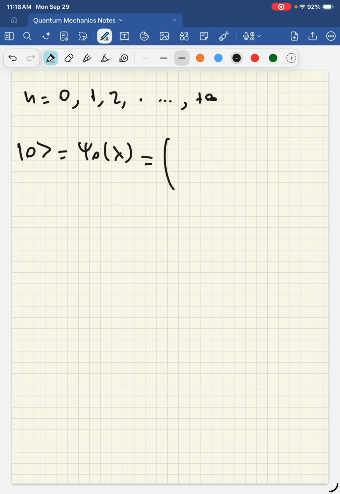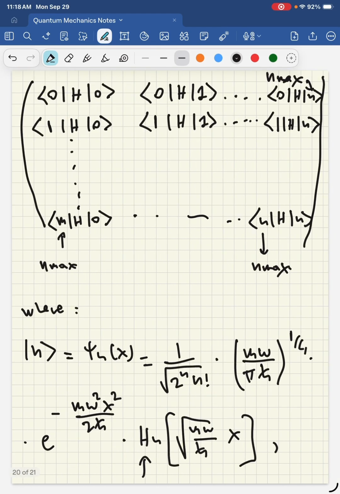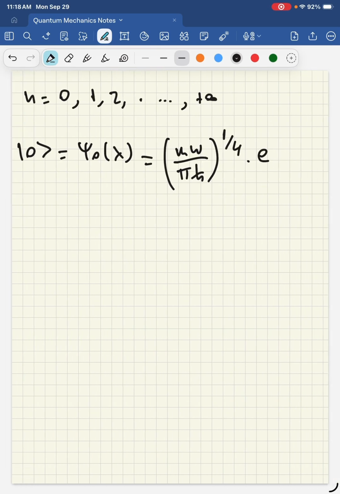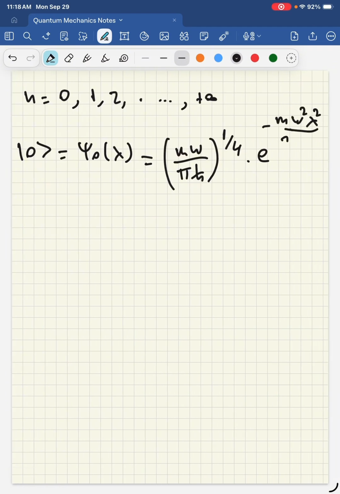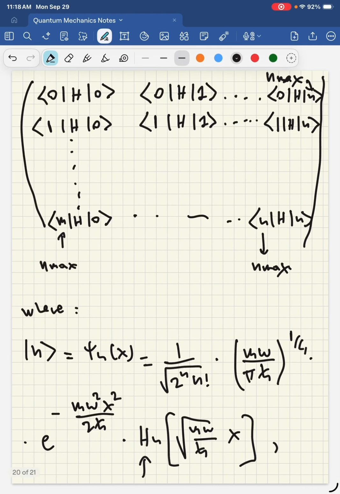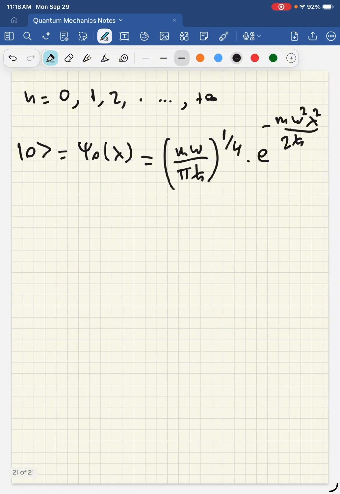So we need this m omega over pi h bar to the 1/4 times e to the minus m omega x squared over 2h bar. And the Hermite polynomial of order 0 is just a constant 1. Okay, so this is the 0th state, the ground state.